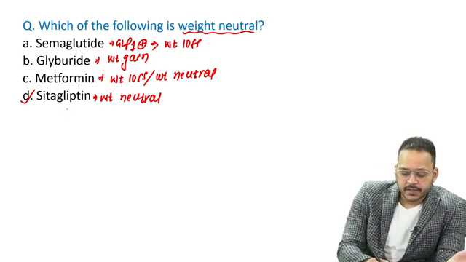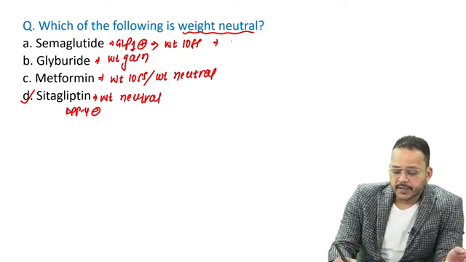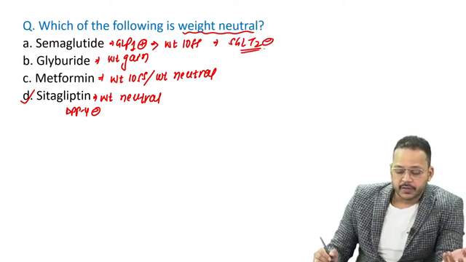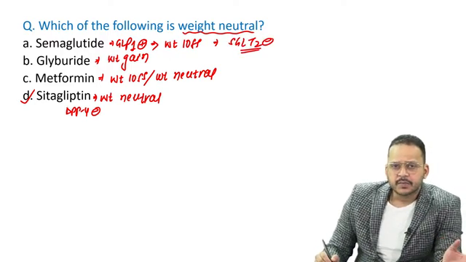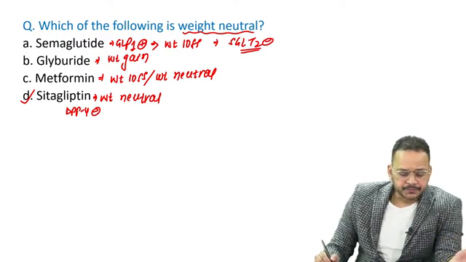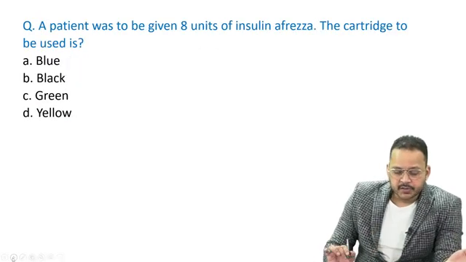Sitagliptin is a DPP4 inhibitor. Weight loss can also be seen with SGLT2 inhibitors. These are some important aspects they ask you about weight gain or weight loss with the drugs. So it's a simple MCQ, guys.